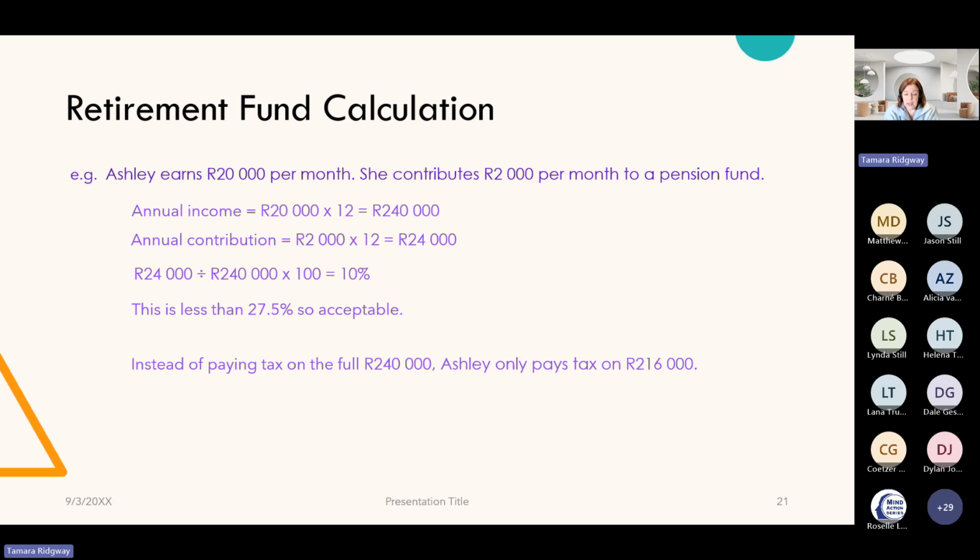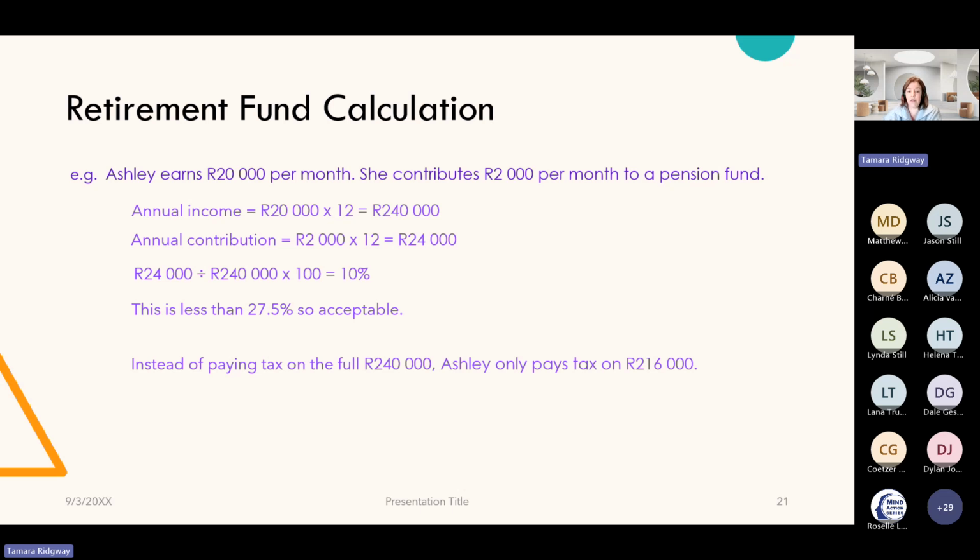The annual income is 240,000 Rand. The annual contribution is 24,000 Rand. So we can use those two to work out the percentage. And we see that 24,000 is 10% of her annual income. 10% is less than 27.5%, so it is acceptable.